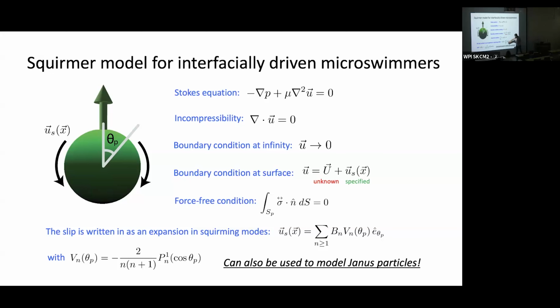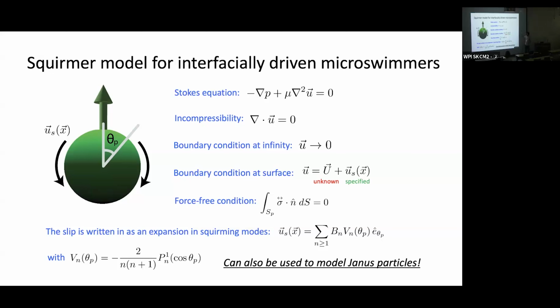It will turn out to be a clever thing to do to write your slip velocity, which can be whatever you want, if it's axisymmetric, in terms of these so-called squirming modes. We'll see where they come from. These squirming modes are basically associated Legendre polynomials, so they are a complete and orthogonal basis for the interfacial velocity.